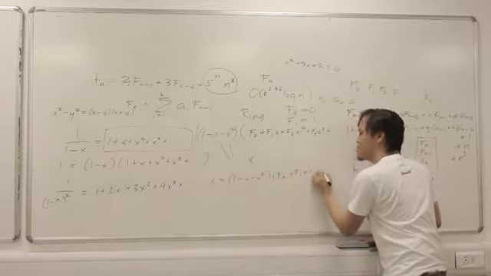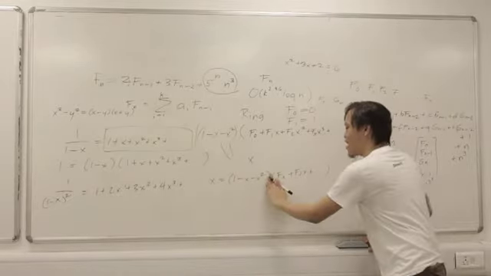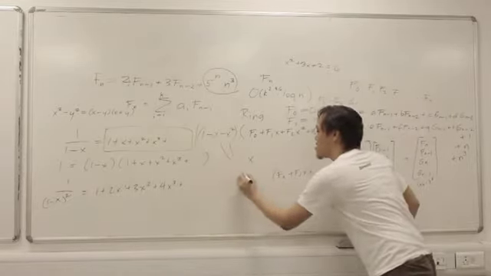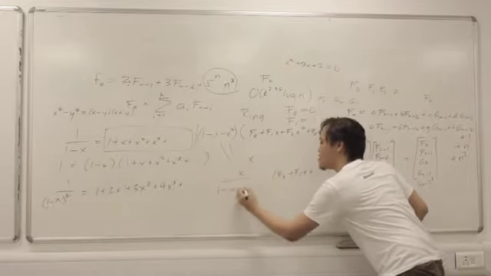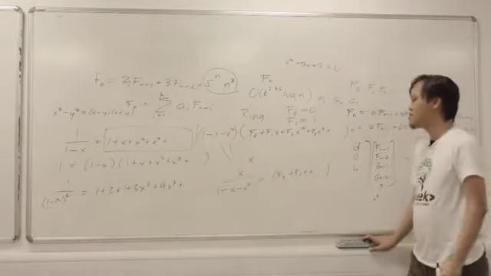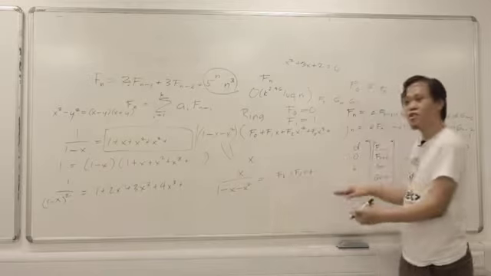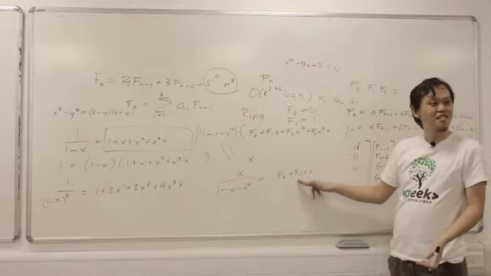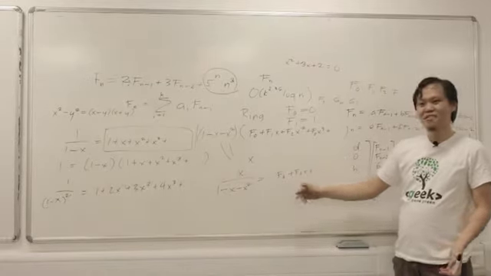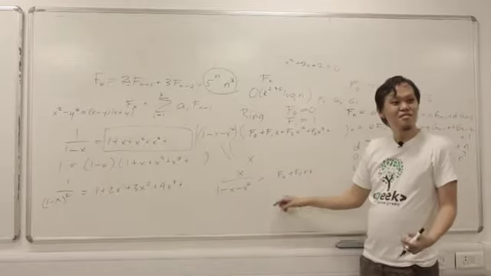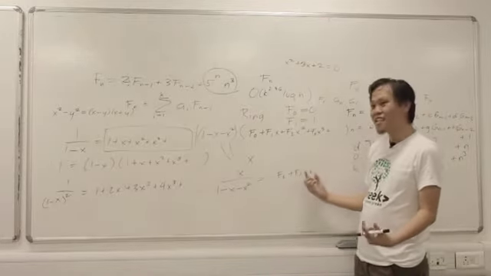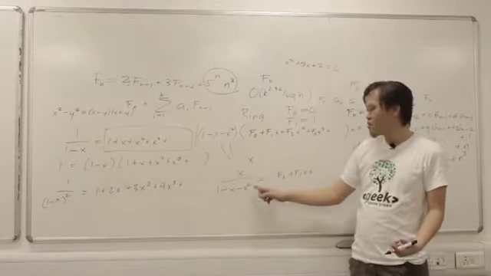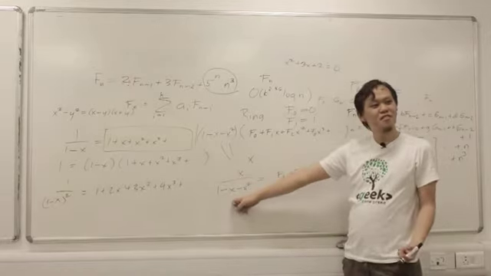So we can divide by this. And now we have a generating function for the Fibonacci recurrence. But how does that help us? So we want to find Fibonacci numbers quickly, but all we got is some generating function.